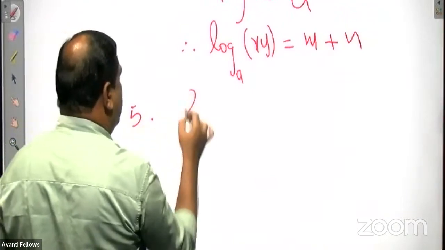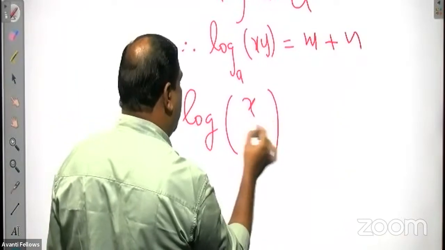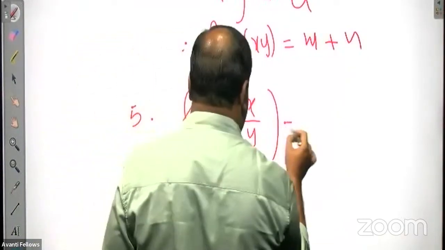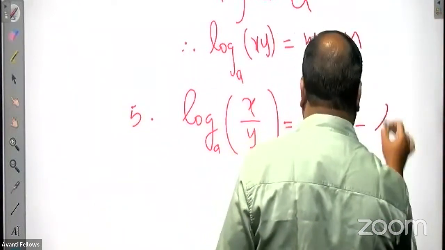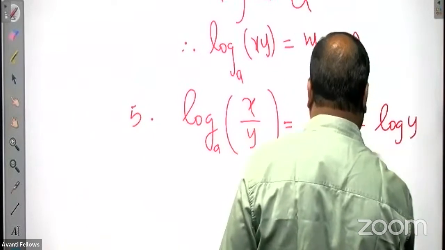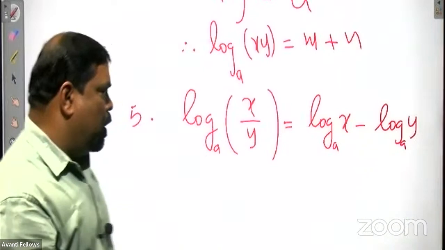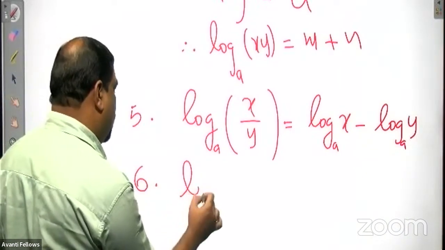The next property says that logarithm of x by y to the base a, any base, is equal to log x minus log y. You may know all these properties already.